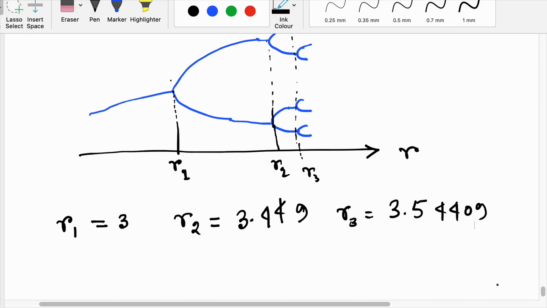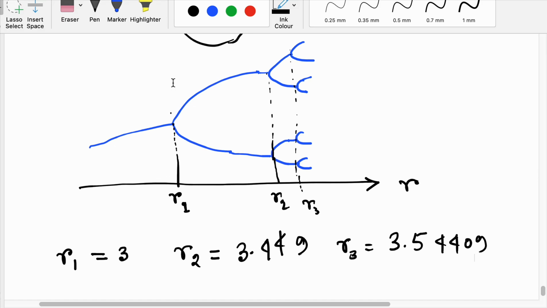You will get these values from Strogatz's book, and you can also calculate them since we know how to generate the orbit diagram, from which you can find quite close values of r at which the period doubling bifurcation happens. One thing you notice is that the difference between r2 and r3 is less than the difference between r1 and r2.